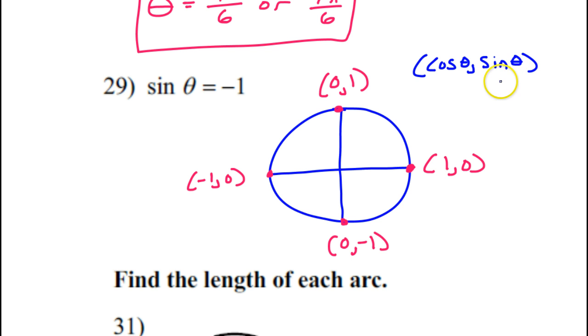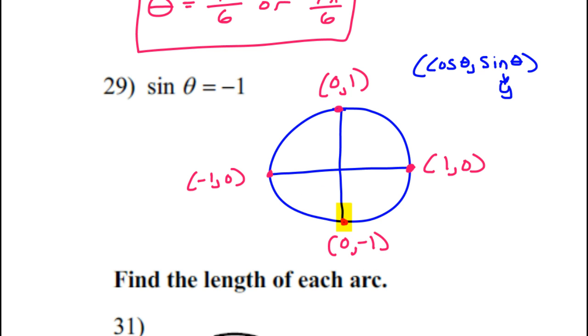So basically, sine is the y coordinate. So we want an angle where the sine is going to be -1. So we need the y coordinate to be -1. Well, there's only one place where that's going to happen, and that's right here. This is the only place where the y value is -1.